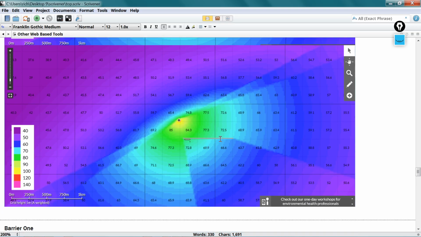The barrier, even though it's only 1.5 meters tall now, is at the same elevation as the shooter, 1.5 meters, and everything on the other side of the barrier has the signal dropped by 20 decibels, roughly speaking. And it's lesser the closer you get to the south end of the barrier, but up here at the north end with 63 decibels on one side, and maybe 73 on the other, that's a 10 decibel drop.